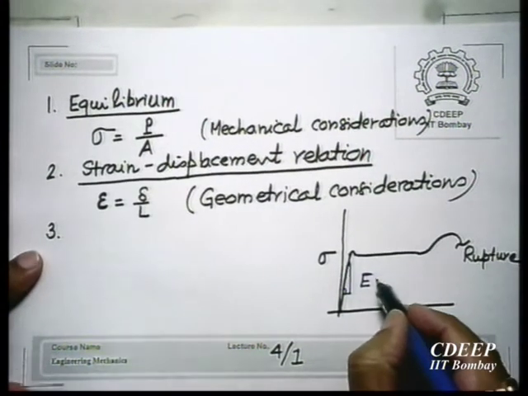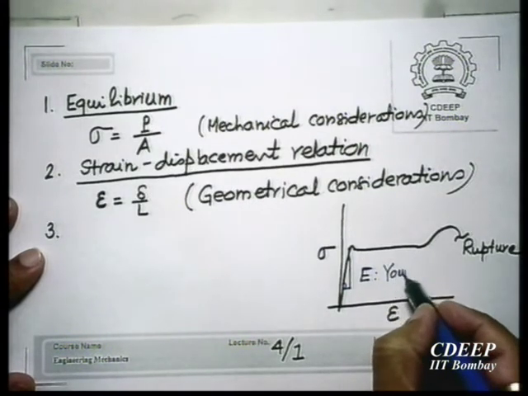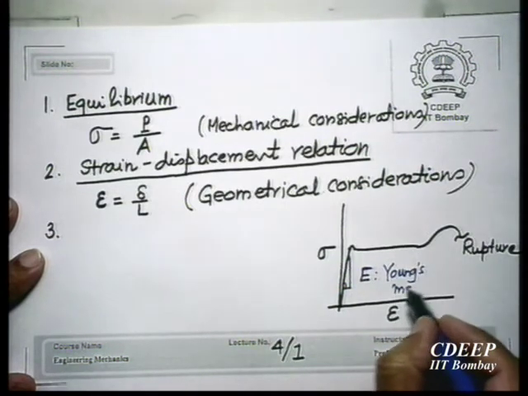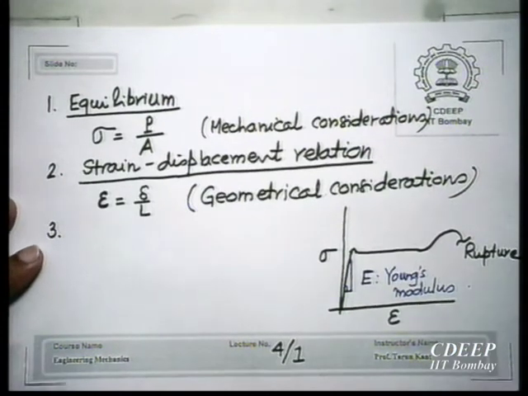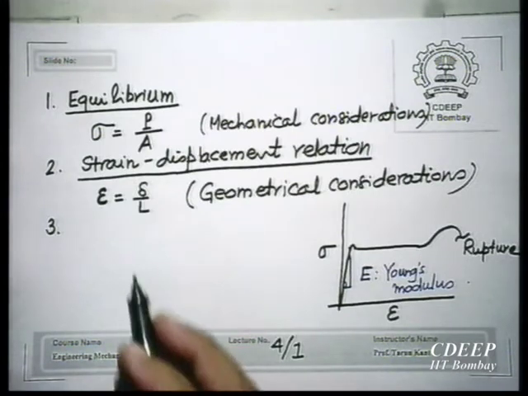He was the first person who did this experiment, so it goes by his name. This tells you what kind of material it is. Young's modulus is important, and we can now relate E.